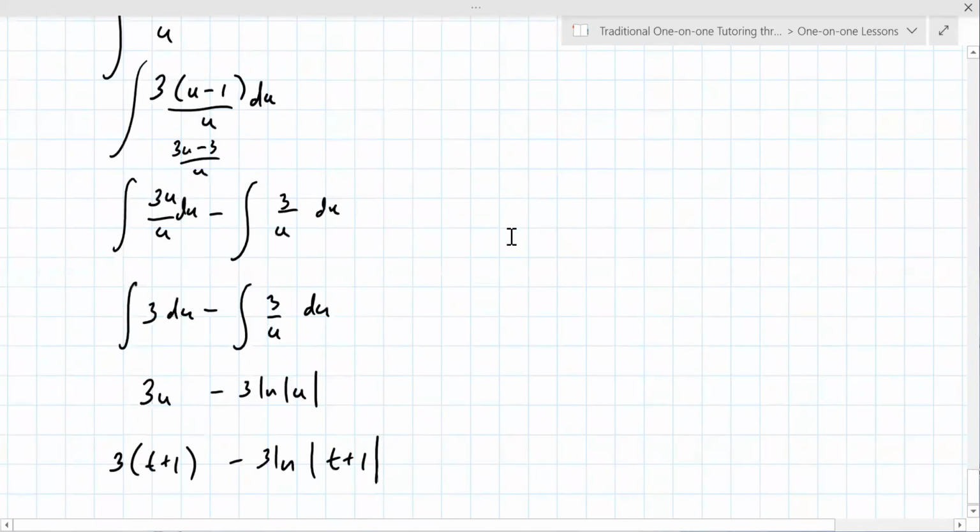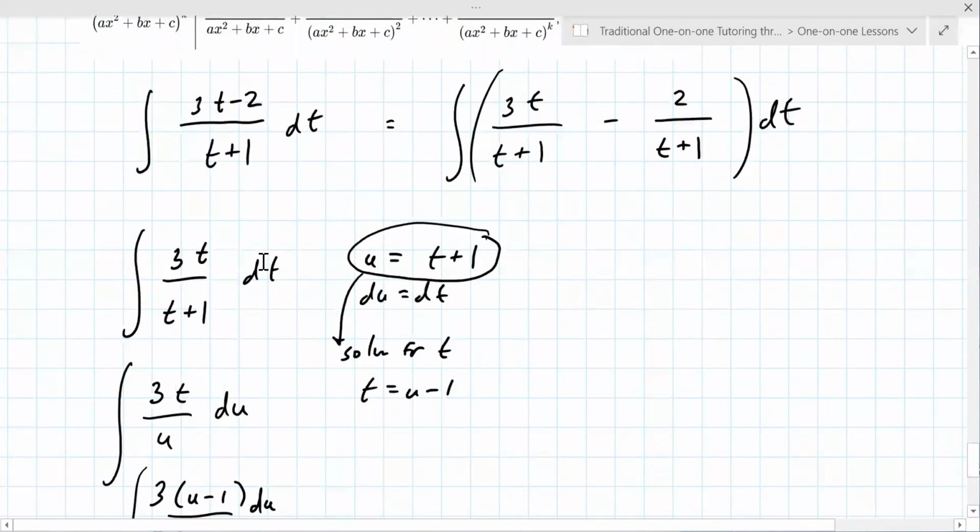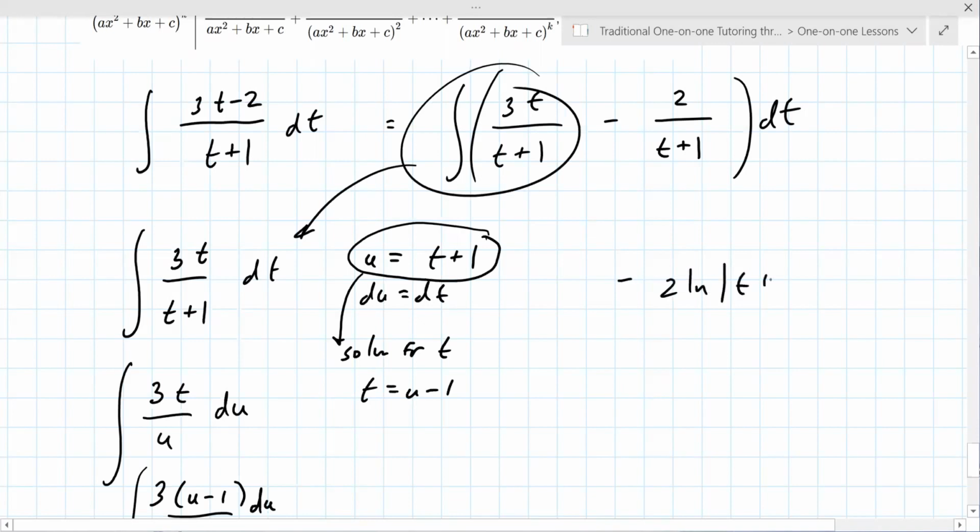And then come back to this other part over here, which everything we just did was for this one. So now it's minus 2 natural log absolute value of t plus 1 is the second part here.